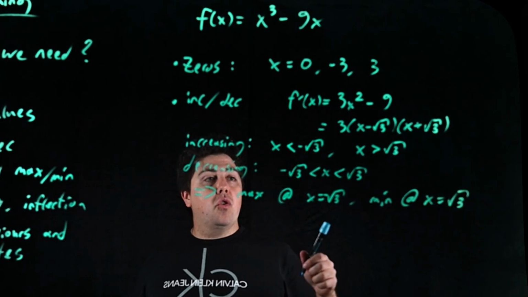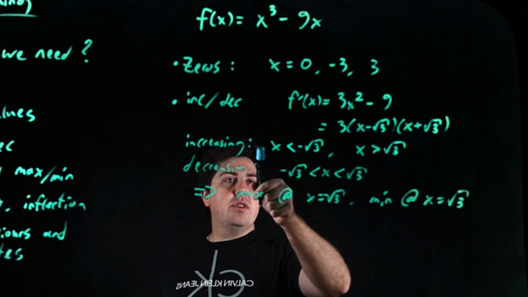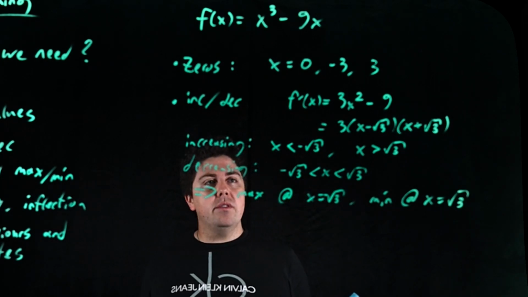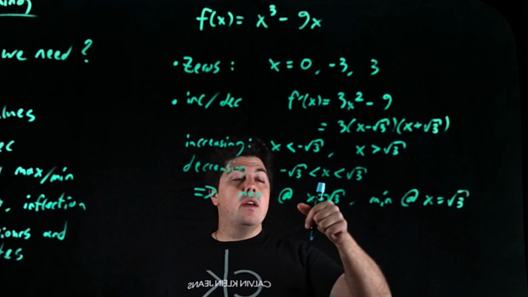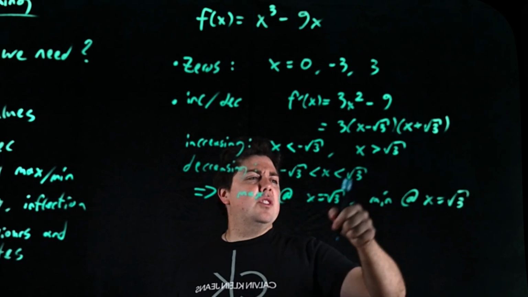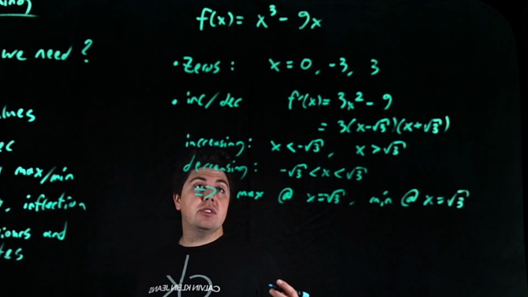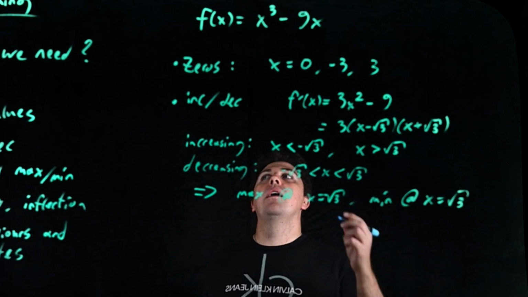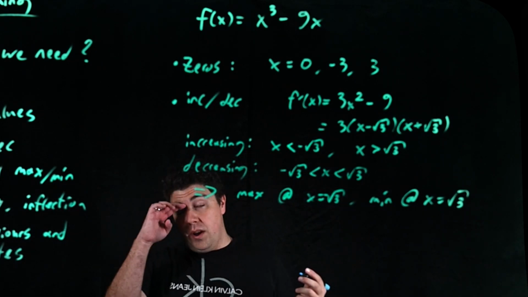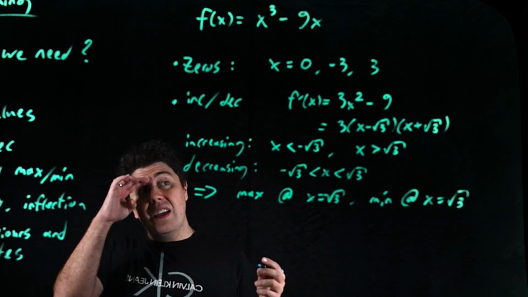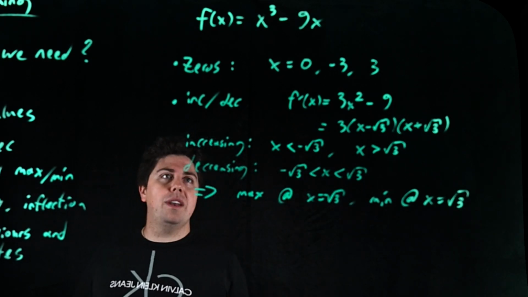Because around negative root 3, the derivative starts out positive and then is negative afterwards. That means that you have a maximum. And around root 3, the derivative starts out negative, then moves to positive, which means that you have a minimum there. So you have to do this all anyway. So luckily, in this case of graphing, the first derivative test comes for free because part of the graphing process involves figuring out when the first derivative is positive and negative.